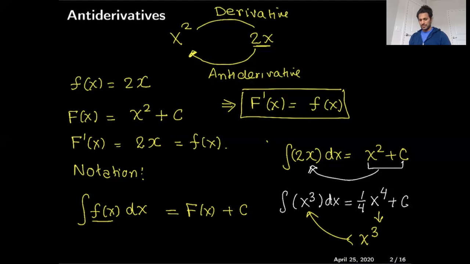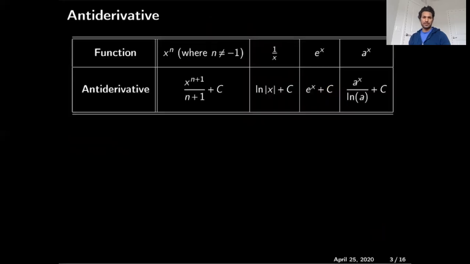Based on this analysis, we can have some formulas, some basic rules of the antiderivatives. Here is the first basic rule, the power rule. If you have a function x to the power n, to compute its antiderivative you add 1 to the exponent, and then you flip the exponent.